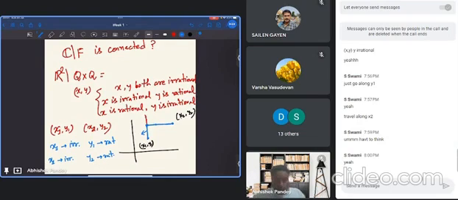Now if you travel like this, x will change and y will stay the same. So this is your y1, and this is your y2. If y2 is rational and you move like this, this will not be a path contained in the set. Does everyone understand this?